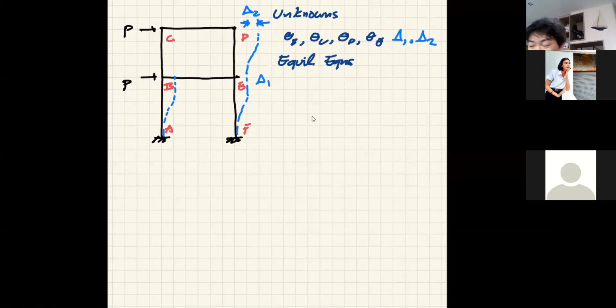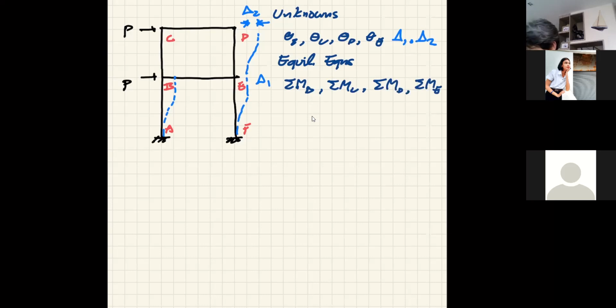And whenever you have the theta, you should have sigma moment, correct? Sigma MB, sigma MC, sigma MD, sigma ME equal to 0. They are for your 4 rotations.